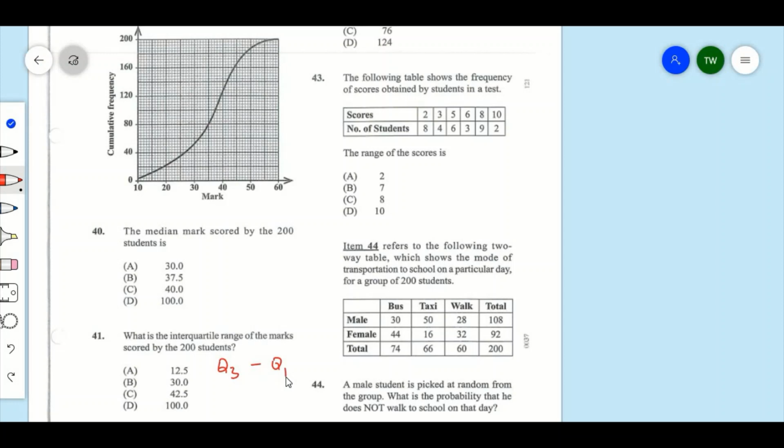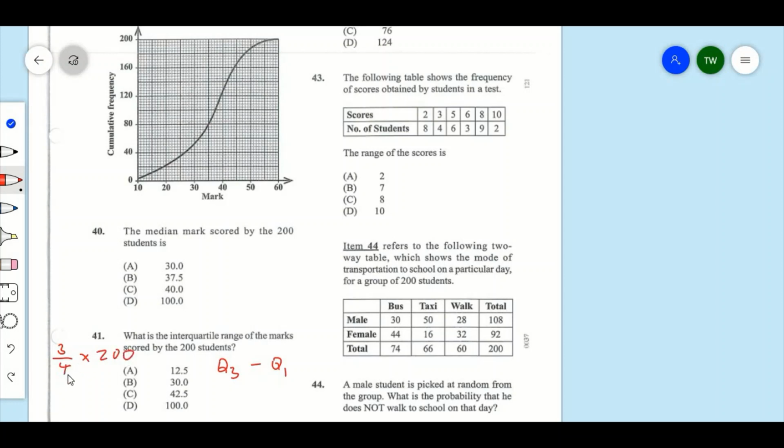And that will give us the interquartile range. In order to find the position of Q3, that is going to be 3/4 of the total population, and the total population is 200 here. So it's going to be 3/4 times 200.